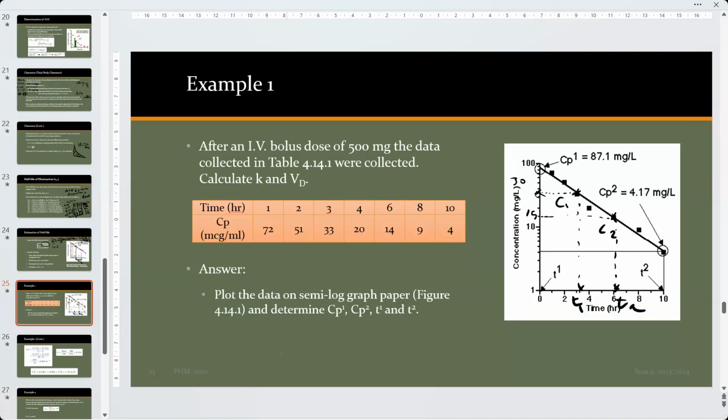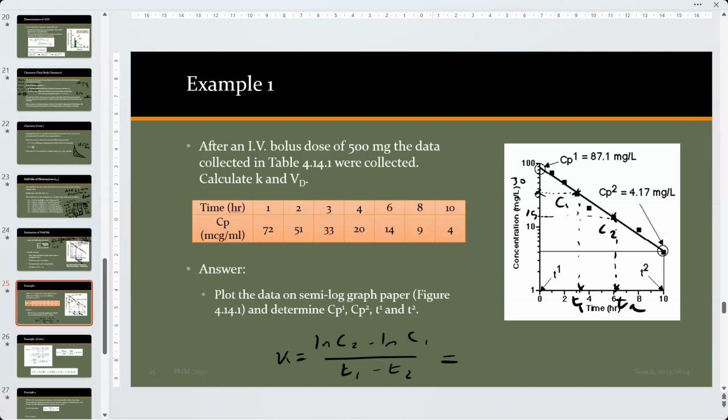Then you calculate K equal to, you don't need to use log here because I have the absolute value of C1. So I just say ln C2 minus ln C1, divided by, instead of T2 minus T1, to get a positive value, I just say T1 minus T2.